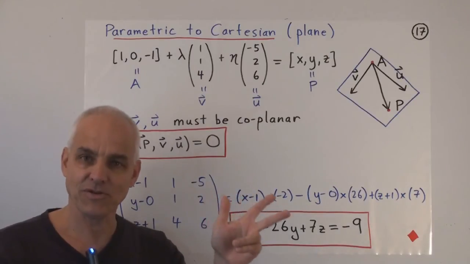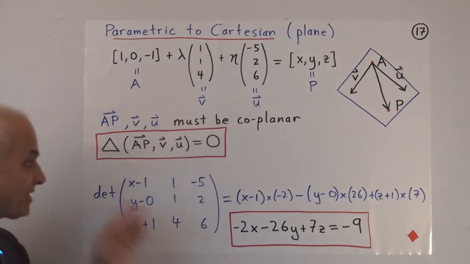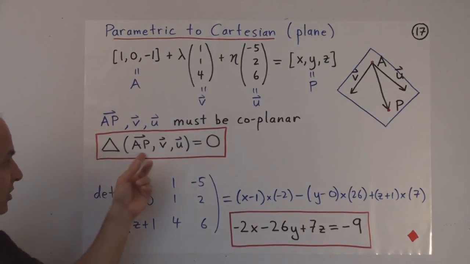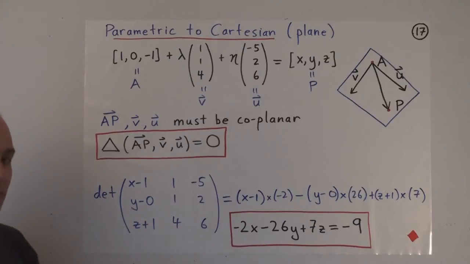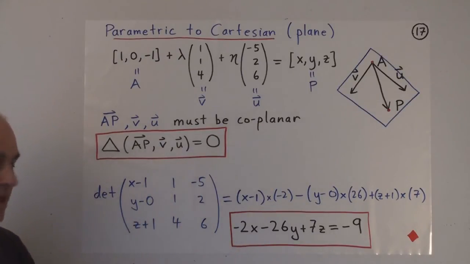So that determinant being 0 is telling us that the vectors are coplanar. And that's the criterion that we're going to use. Because the determinant is just the determinant of a matrix, we can write down the vector AP in one column, the vector V in another column, the vector U in another column. And we can calculate the determinant of that.